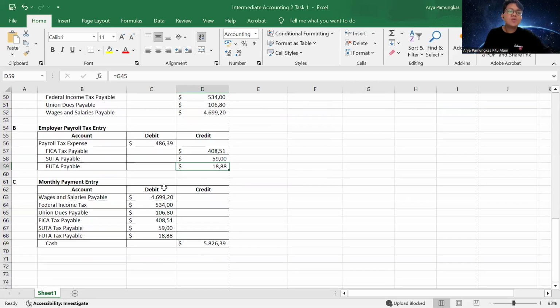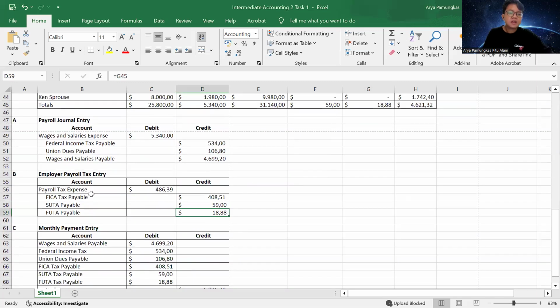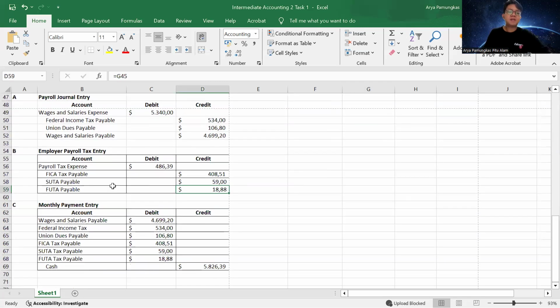So after we know all of the payables for wages, FICA, SUTA, FUTA, federal income tax payable, and also union dues payable, we are gonna do the monthly payment entry for the payroll.